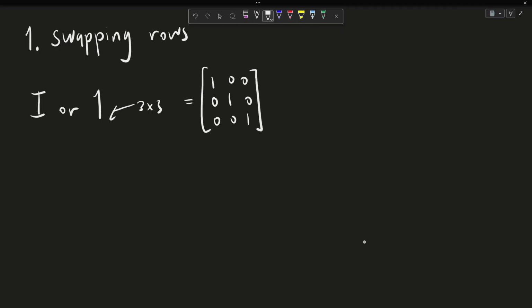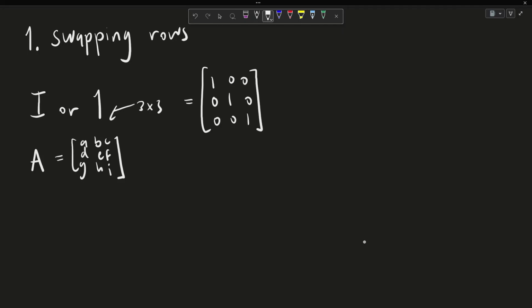So if we took this identity matrix and we had another matrix A, which had, let's say, arbitrary entries A, B, C, D, E, F, G, H, I. If we wanted to swap any two rows in A, we could multiply by the corresponding elementary matrix which swaps those rows.